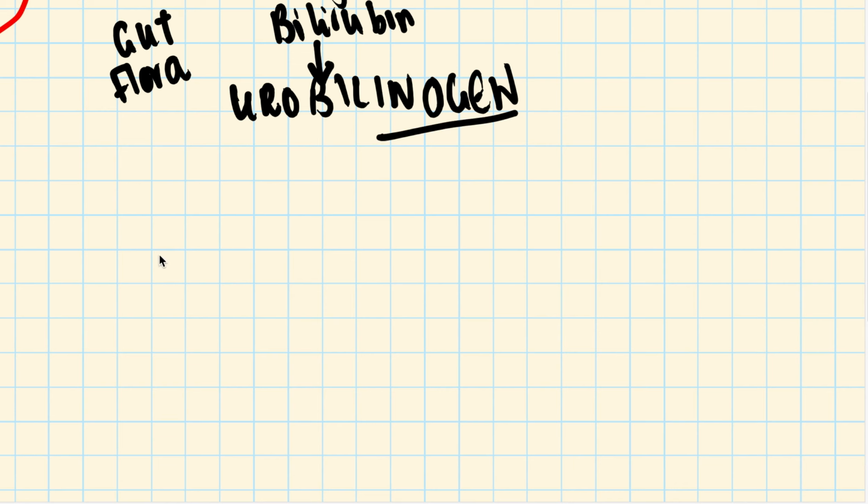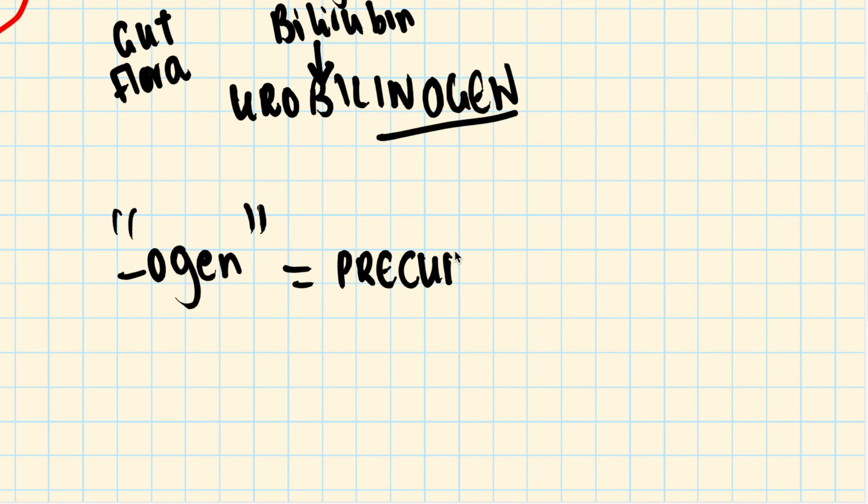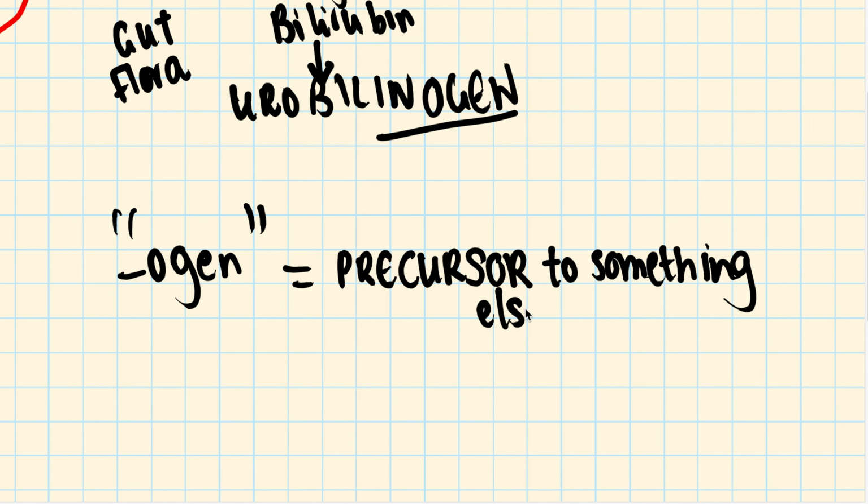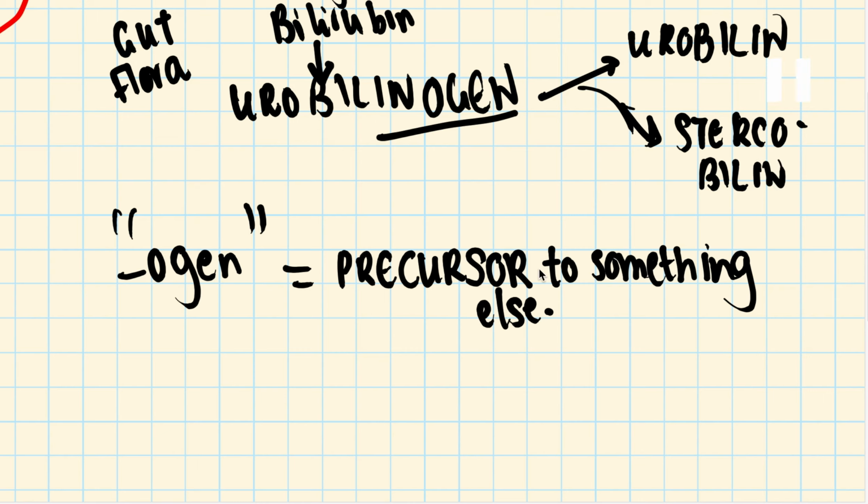What's the point of converting it into urobilinogen? Remember, whenever something ends in -inogen, that means it's a precursor to something else. Urobilinogen is in fact a precursor to urobilin, which is the excretory form of bilirubin in the urine, and then stercobilin.